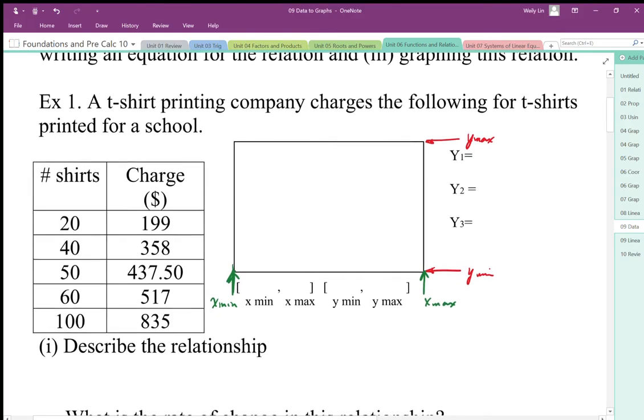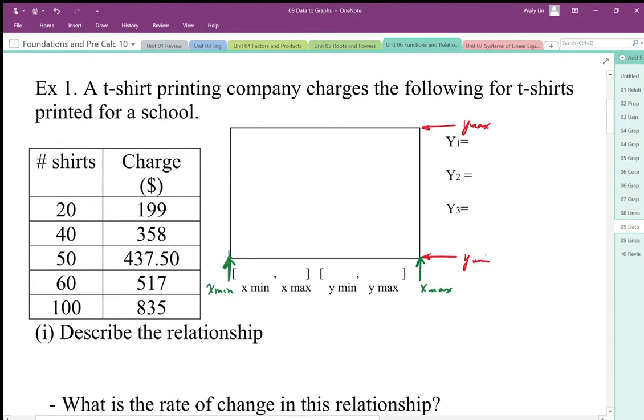So how would I describe this relationship? Well, I want to draw this graph, and I'm going to start by showing the axes like this. It doesn't show me 0, so I need to go from 0 to 100. I'm going to say that 100 goes to about here. I don't need to draw these numbers in because my x-min and x-max will indicate that.